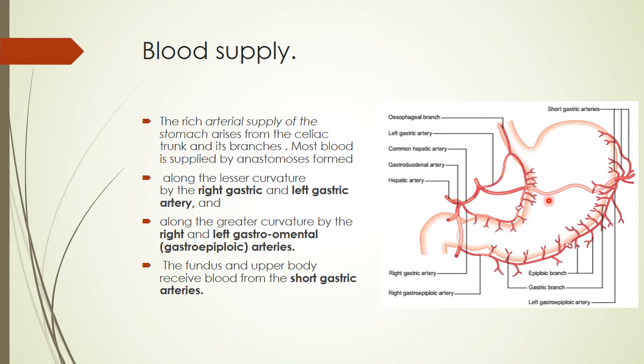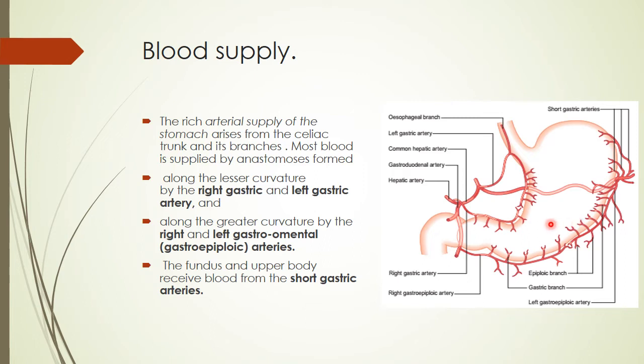So the stomach is supplied along the lesser curvature by two arteries, the left and right gastric arteries, and along the greater curvature by the right and left gastroepiploic or gastroomental arteries. The gastroepiploic arteries are also called gastroomental arteries.